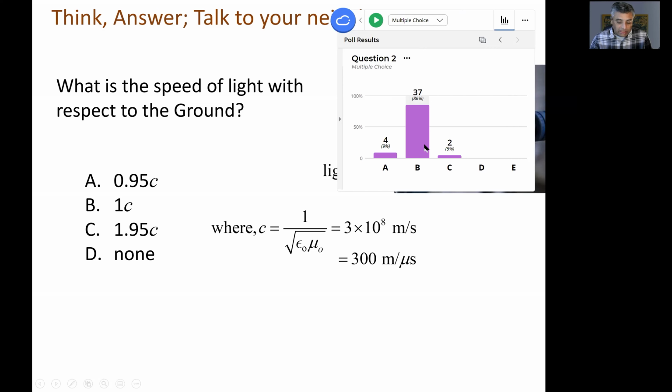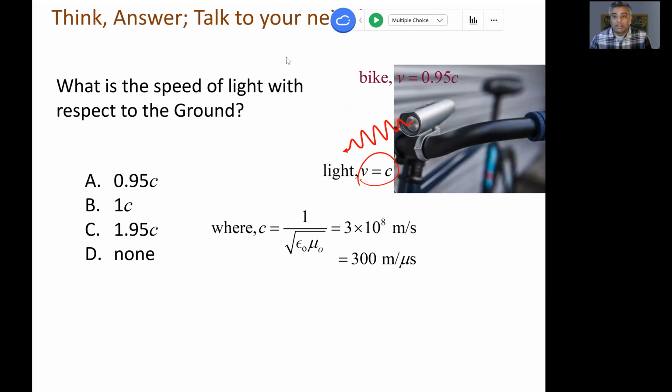So we got A, B, and C, but mostly B, and that is the correct answer. So the speed of light remains the same, it's constant. That's what the special theory of relativity is, okay?